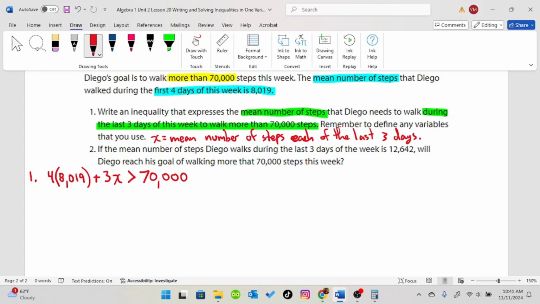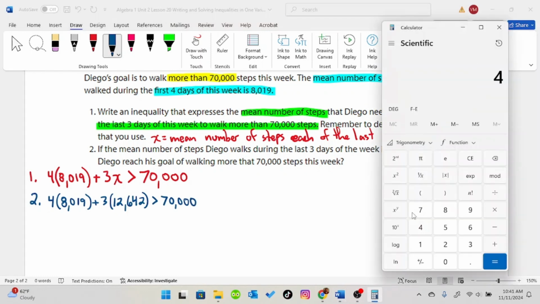Now number 2 wants to know if the mean number of steps Diego walks during the last 3 days of the week is 12,642, will Diego reach his goal of walking more than 70,000 steps this week? To answer this, we simply need to substitute 12,642 for x and see if it makes this inequality true.